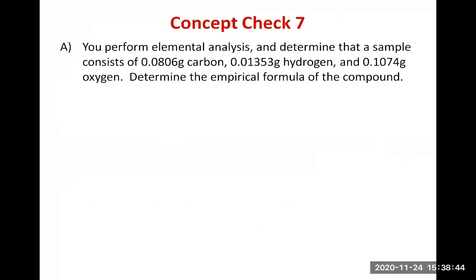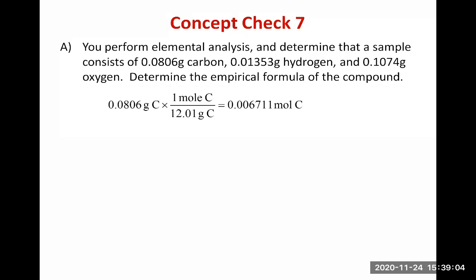Determine the empirical formula for the compound. We know we have 3 elements in that formula, and we are given the masses. Because we are given the masses, we can directly calculate the moles for each using the molar mass of carbon, of hydrogen, and of oxygen.